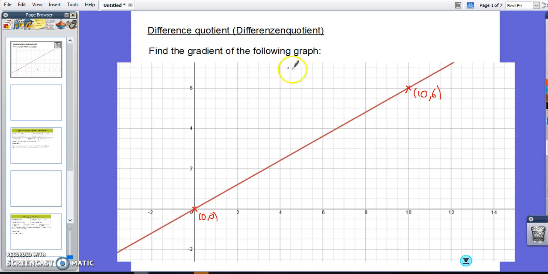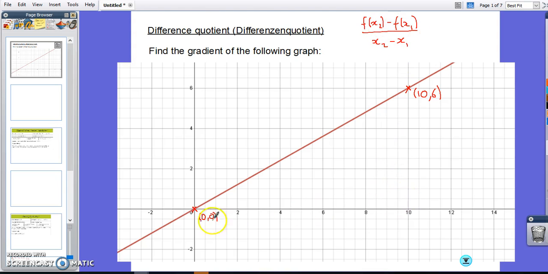And the difference quotient is given by: take f of x2, take away f of x1, divided by x2 minus x1. So in this case, x1 and x2 are just x points.